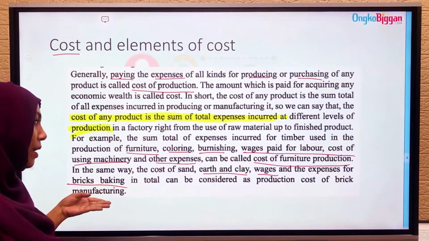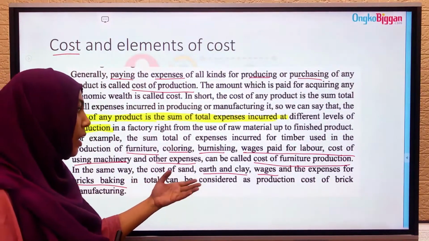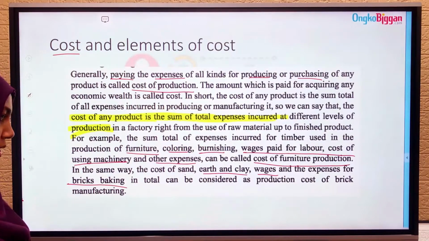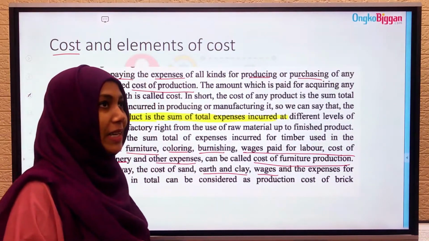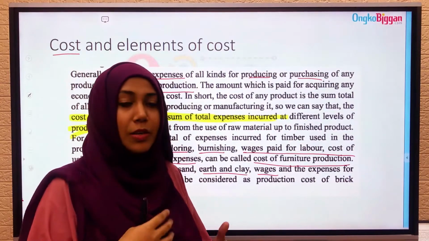So for the brick baking business, what can be my possible cost? Sand, earth and clay, wages and expenses for brick making. In total it can be considered the cost of brick manufacturing. At the end, different businesses have different names and different products.